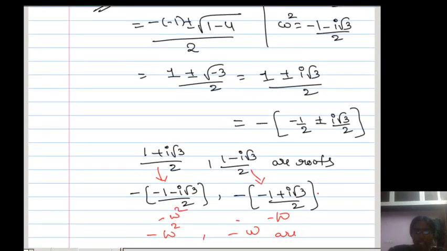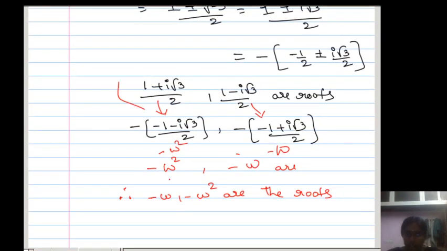equation z square minus z plus 1 equal to 0. So we concluded that these are the roots of the equation. Minus omega and minus omega power 2 are the roots of the equation z square minus z plus 1 equal to 0.